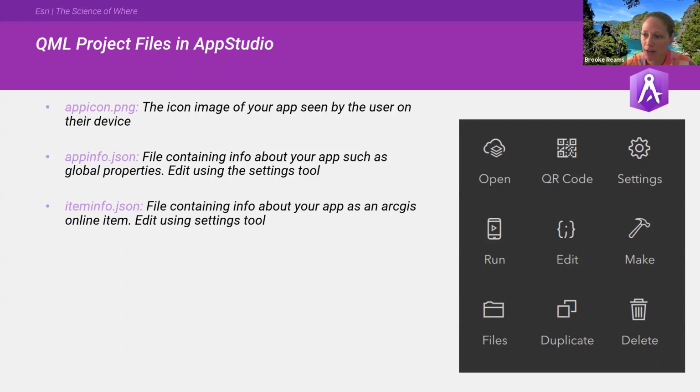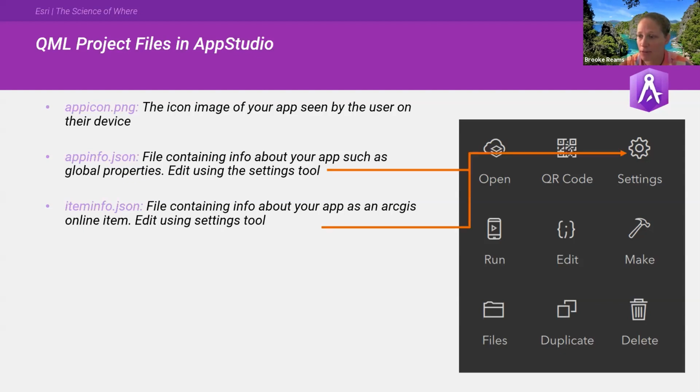There's another JSON file called iteminfo.json, and this is a file that's specific to your ArcGIS Online organization for that app. So the app's item ID, the username of the person that created the app, who it's shared with, the date it was created, the date it was modified, the version, all that information is stored in the iteminfo.json.